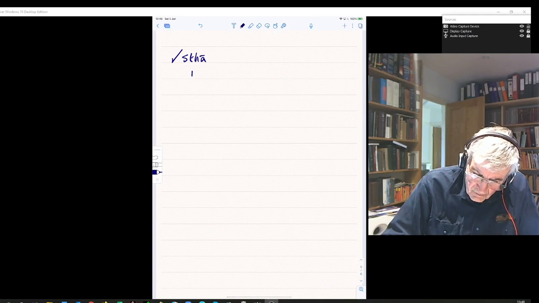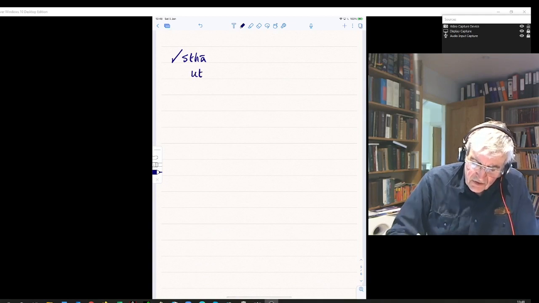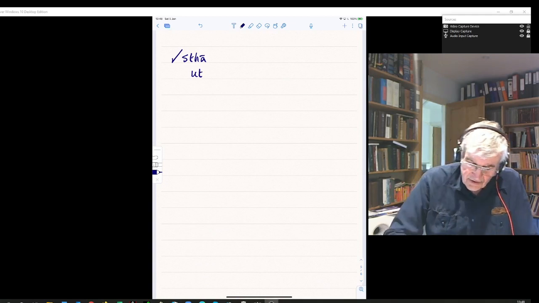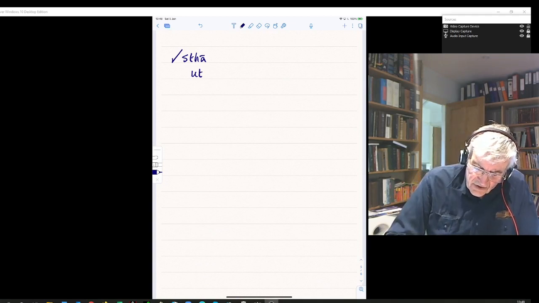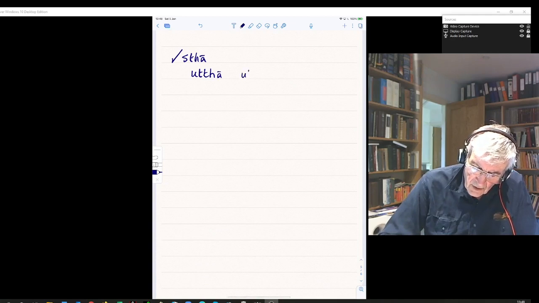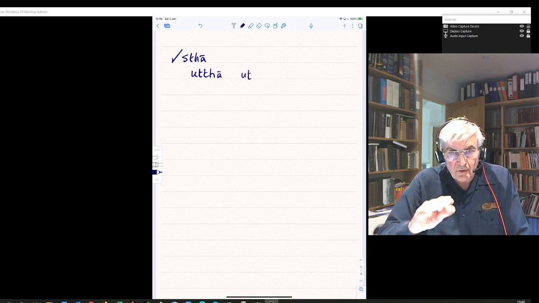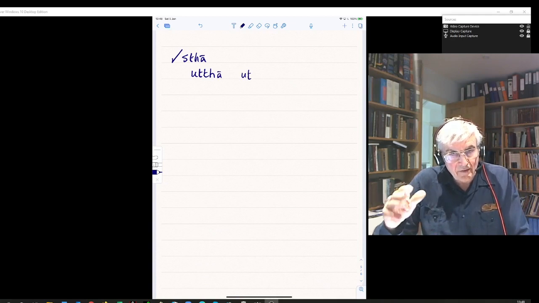So ut, and in Sanskrit, I think this is the only verb that does it. It loses its s after the prefix ut. So in Sanskrit, it is utta. But the present, remember, sta becomes tishtati, put the ut in front of that, and the s comes back.